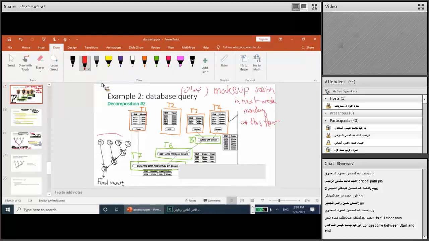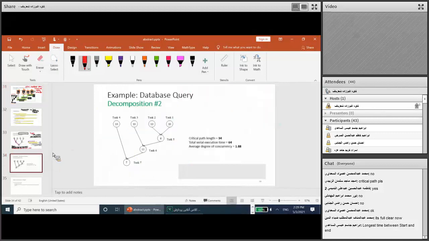This is the task dependency graph of the second example, and this is the graph for which I'm going to compute these parameters: the critical path length and the total serial execution time.